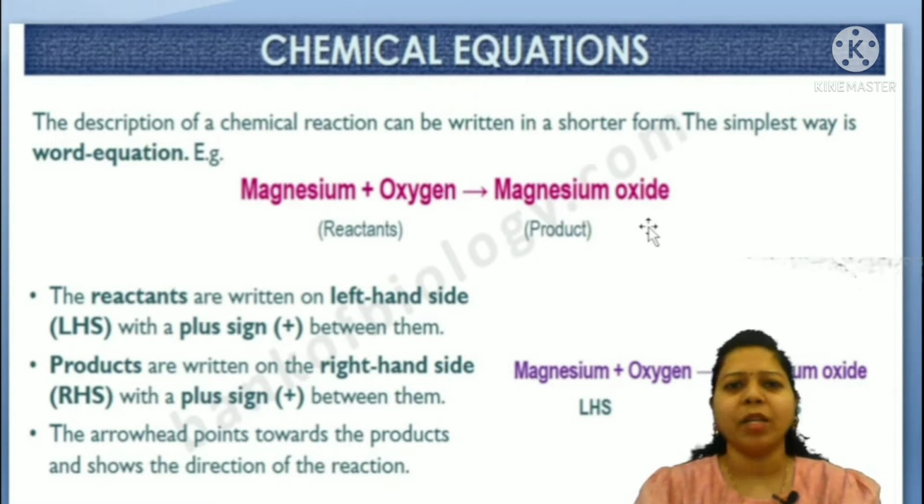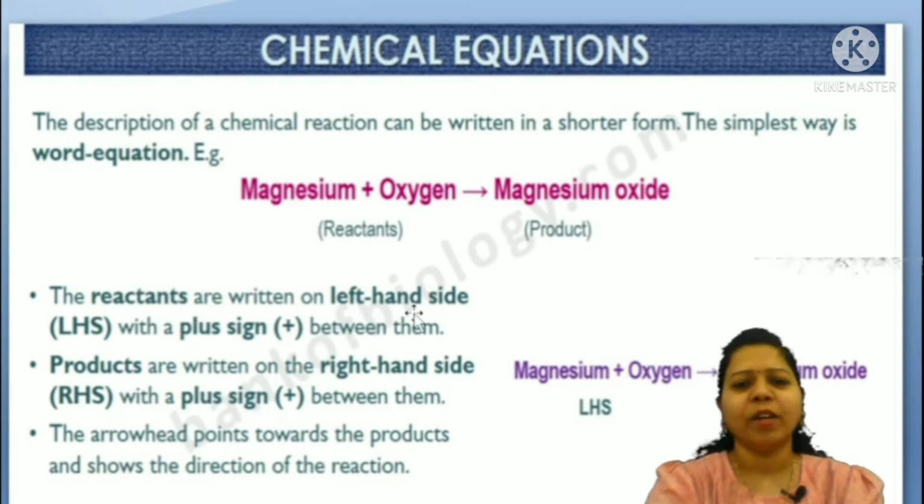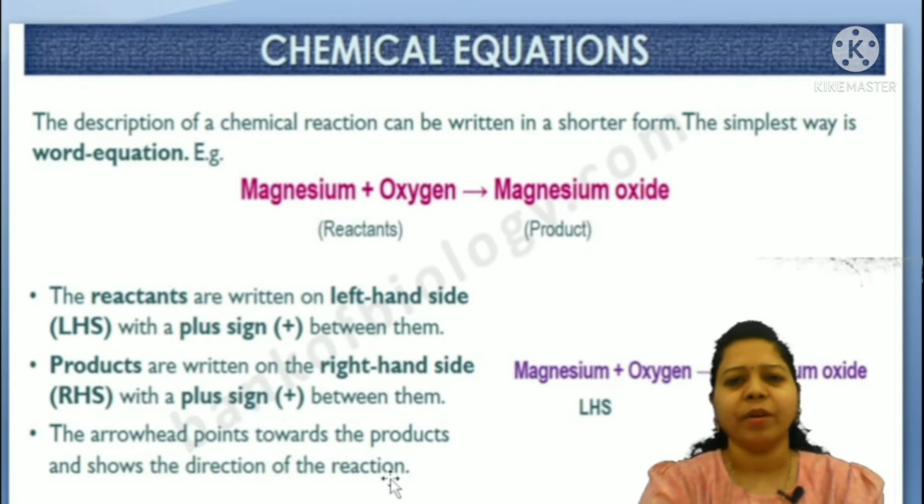The short form of a chemical equation, using symbols, is easy to write as well as easy to understand. The reactants are written on the left hand side with a plus sign between them, and products are written on the right hand side with a plus sign between them. The arrowhead points towards the product and shows the direction of the reaction.